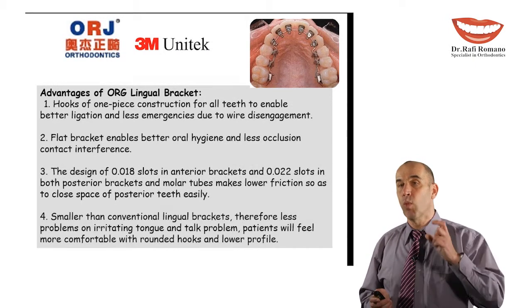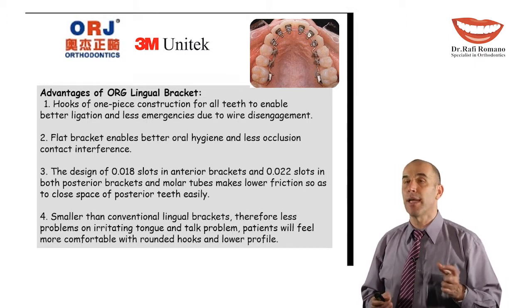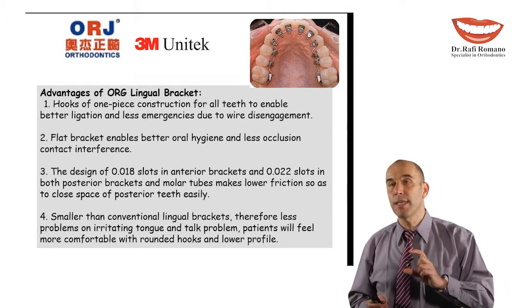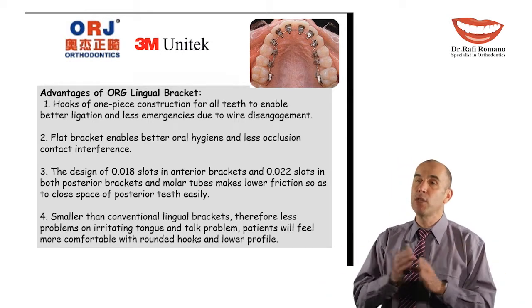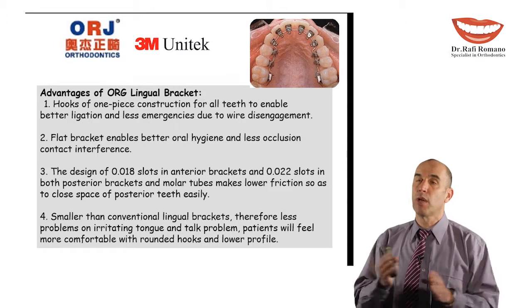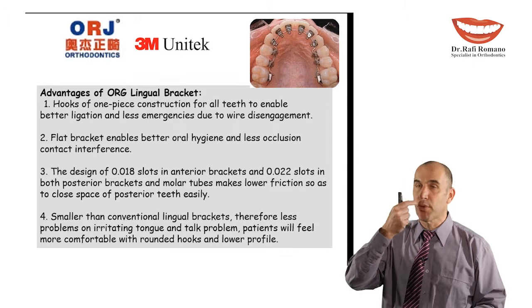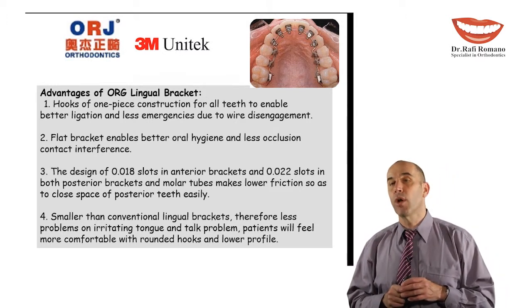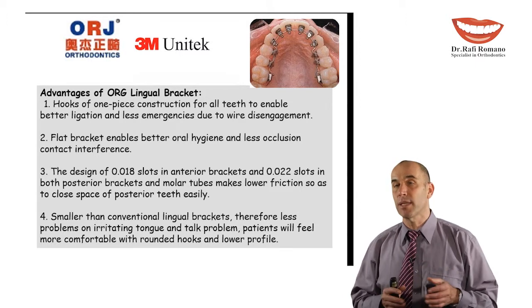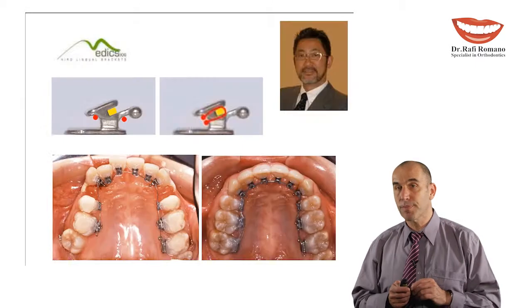It has one-piece molding, it has a flat bracket, it has a design of front 018 slot and back 022 for a dual combination technique of good control in the front and good sliding in the back. And it's smaller than most conventional lingual brackets, especially the self-ligating ones, which are a little bigger.